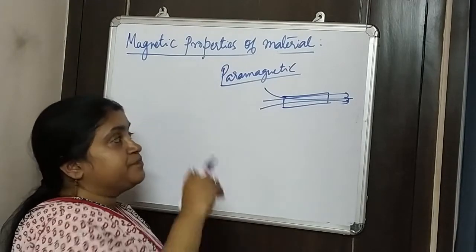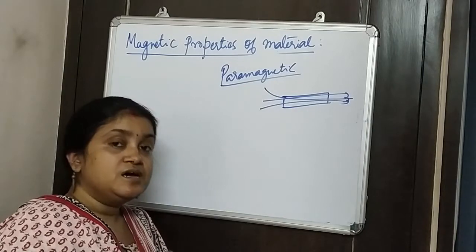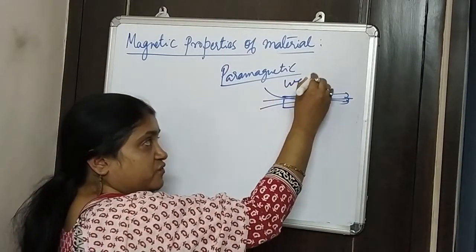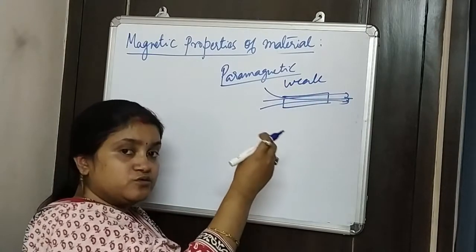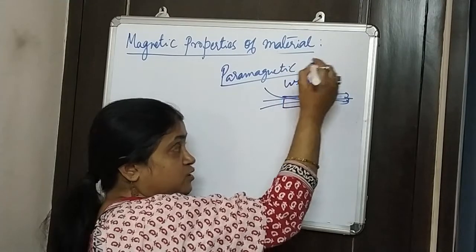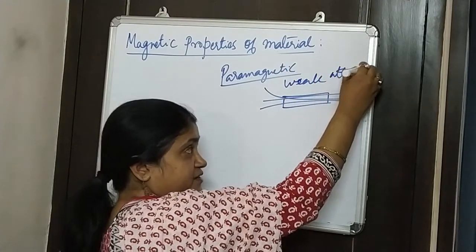It means that this substance gets attracted by the magnetic field, so they show a very weak attraction by the magnetic material.